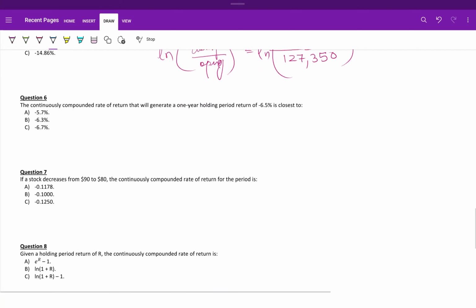The continuously compounded rate of return that will generate a 1 year holding period return of minus 0.065, a loss of 6.5 percent, is closest to what?